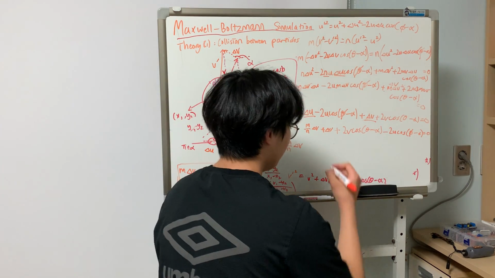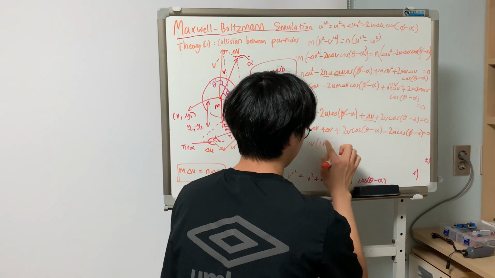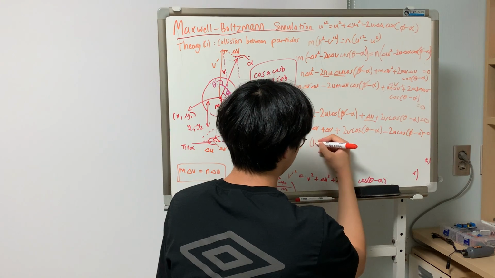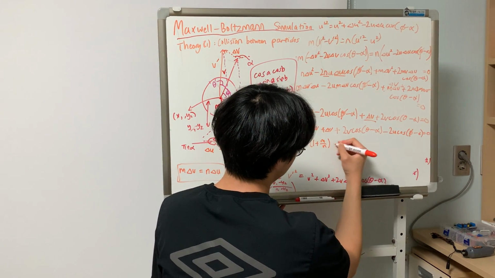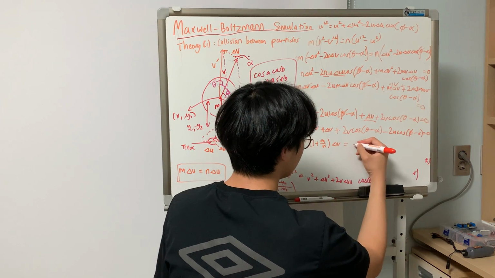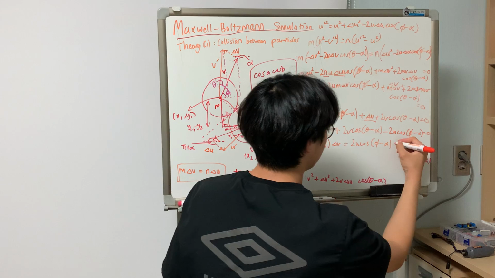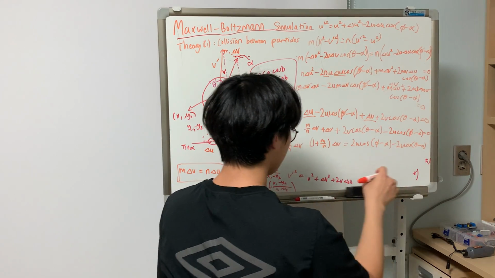And so what we have is basically delta v times 1 plus m over n, which is equal to 2u cosine of phi minus alpha minus 2v cosine of theta minus alpha.